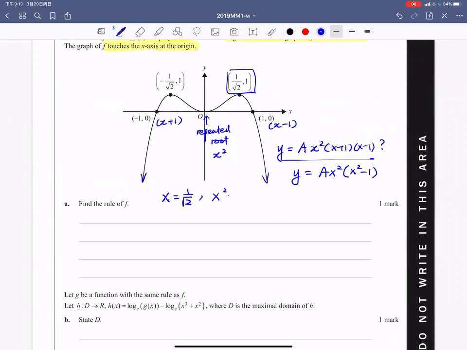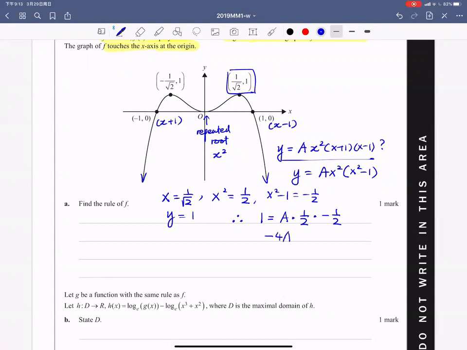So x squared will be 1 on 2. X squared minus 1 equals minus 1 on 2. And my y is correspondingly 1. So doing the substitution gives us 1 equals A times half times minus half. Definitely the leading coefficient is not minus 1 or 1, guys. This is a big trap.